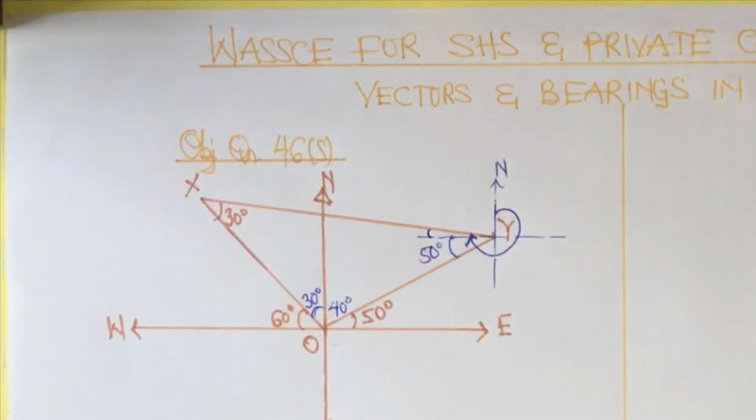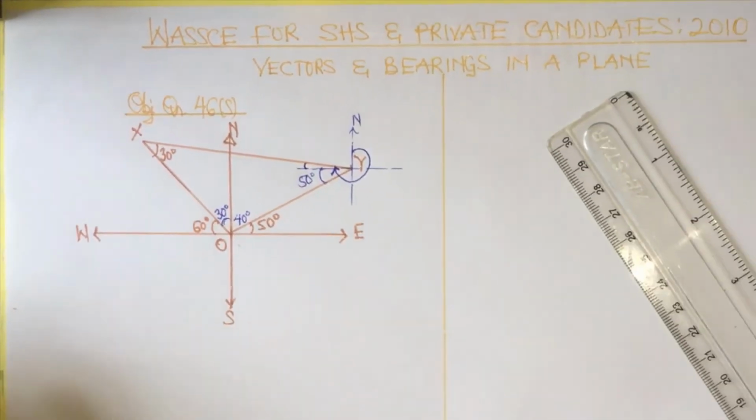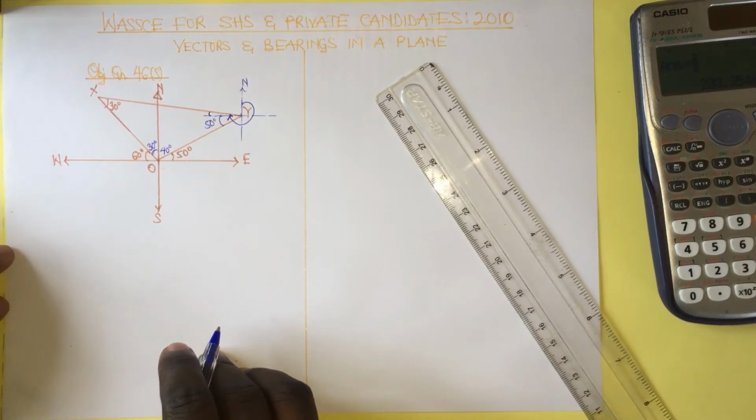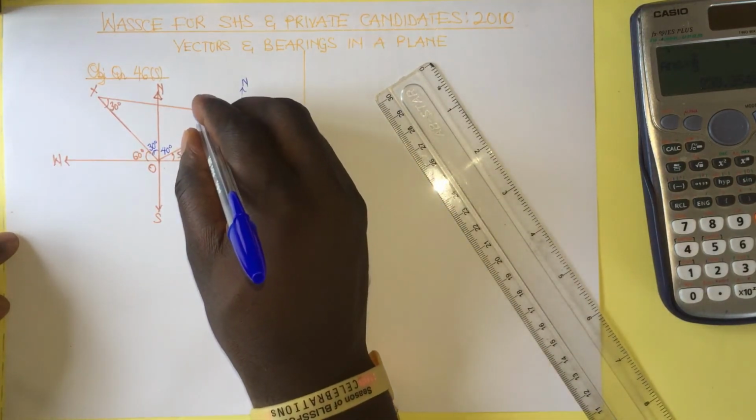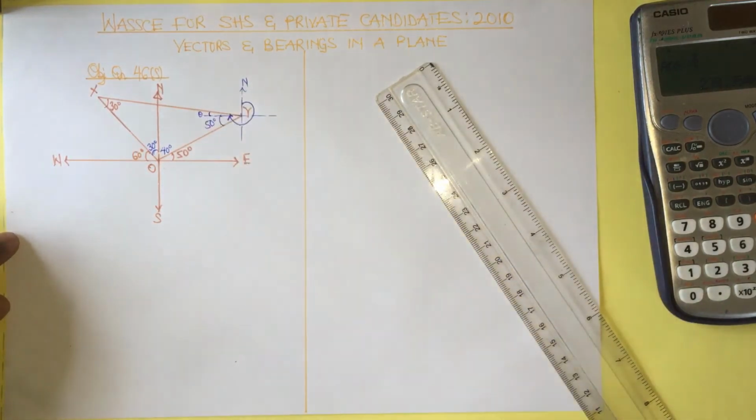So how are we going to do it? We know that the sum of angles in a triangle is 180 degrees. So let's denote this angle with theta.